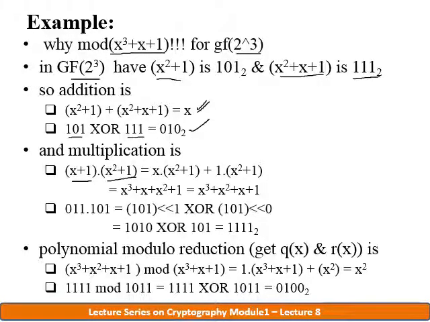Multiplying x into x square plus 1, I get x cube plus x. Then x square plus 1 into 1 gives x square plus 1. So the total result is x cube plus x square plus x plus 1. This is the answer we get for the product of these two polynomials.